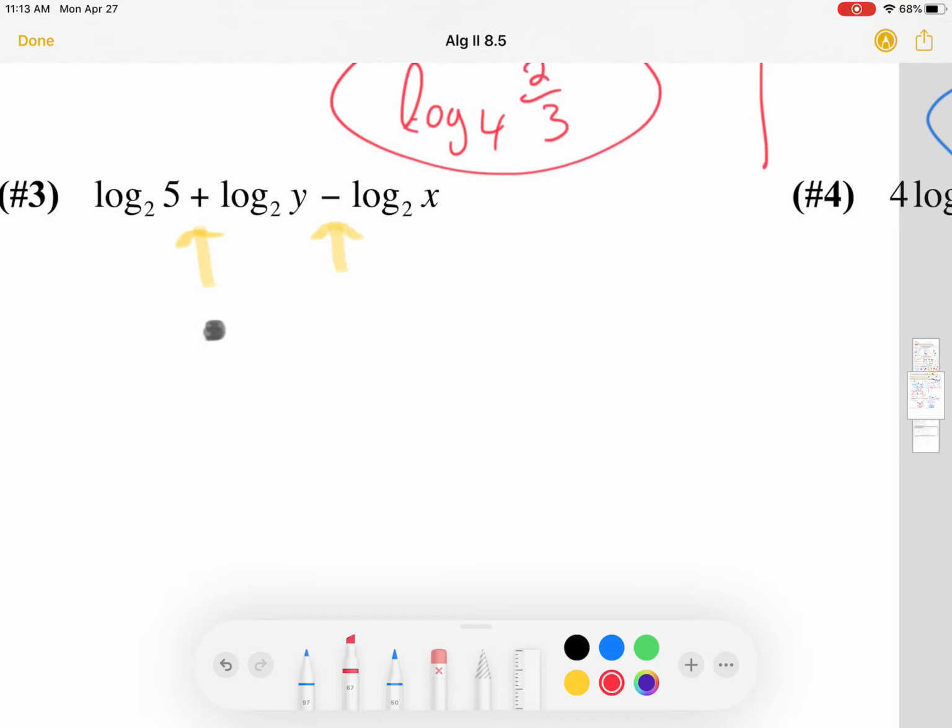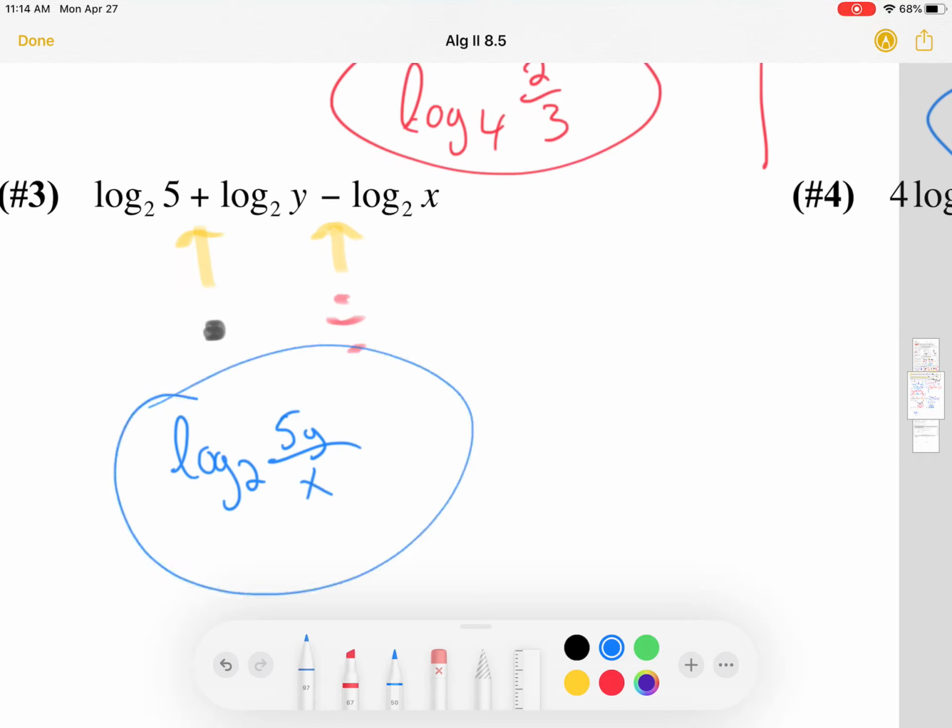Adding becomes multiplying, subtracting becomes divide. So I'm going to say log base 2 of 5 times y. Again, 5 and y were added together, so they multiply when I smush them together. My minus becomes a divided by x. Log base 2 of 5y over x is your final answer for that one.